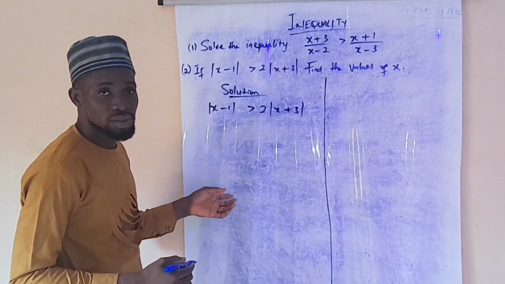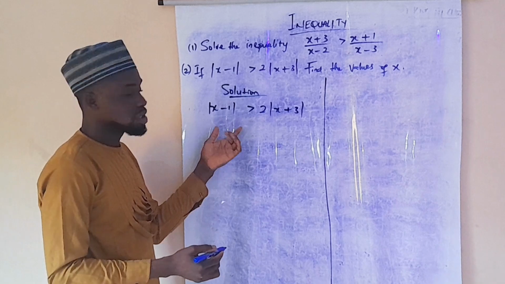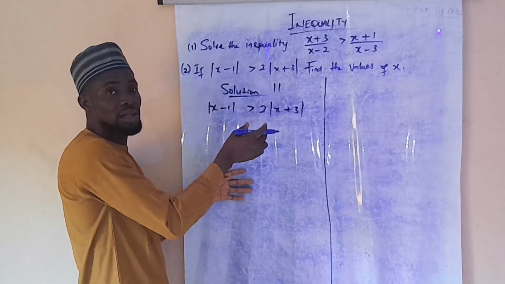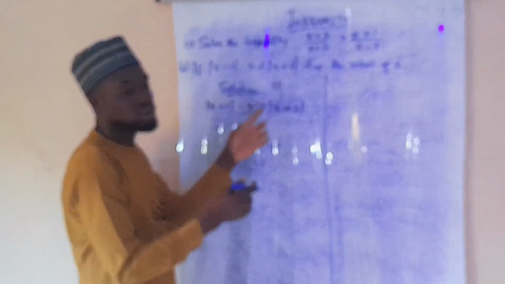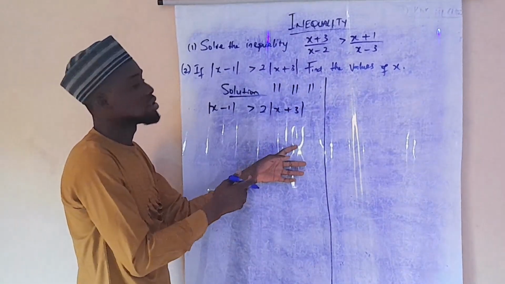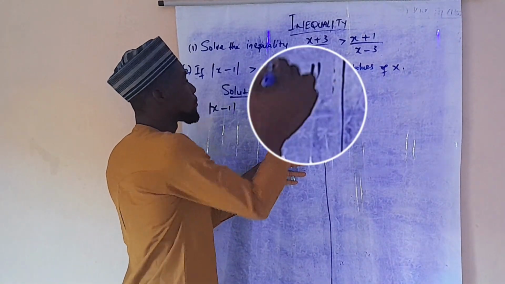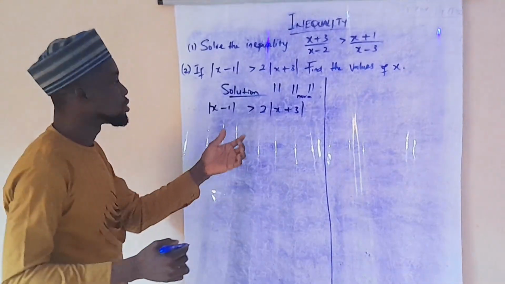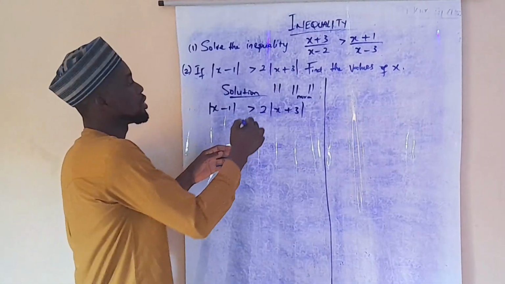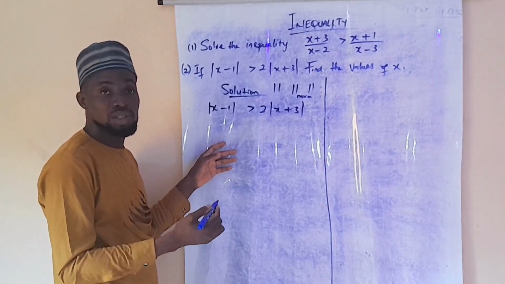Now, the first thing to ask yourself is, what does this absolute value mean? In mathematics, when you have this, with an element in between, it's called absolute value. When you have the double of it, we call it norm, N-O-R-M. For both, any value you place inside them, you will get the answer as positive.